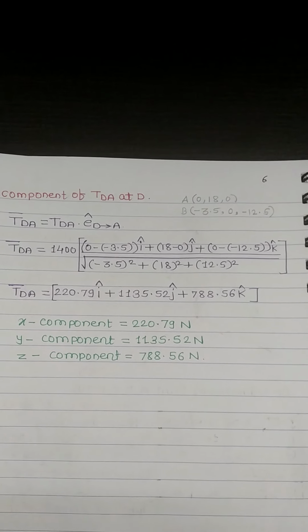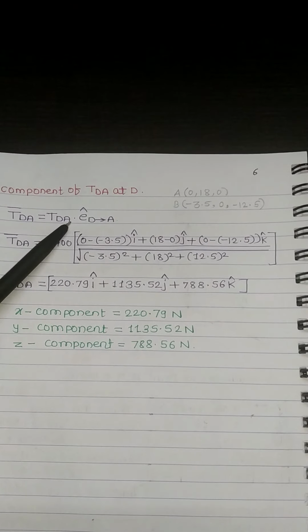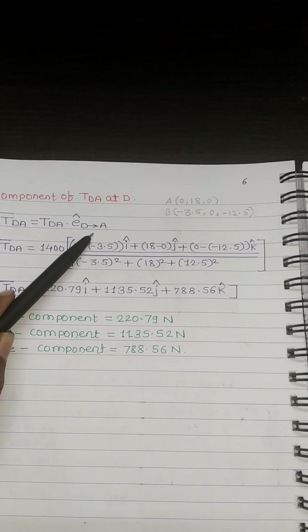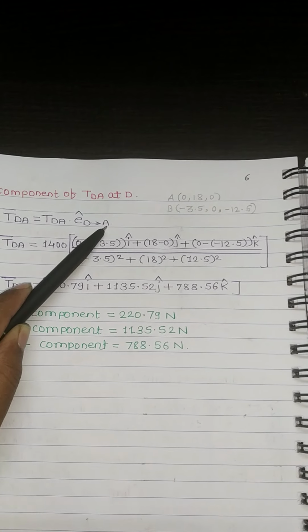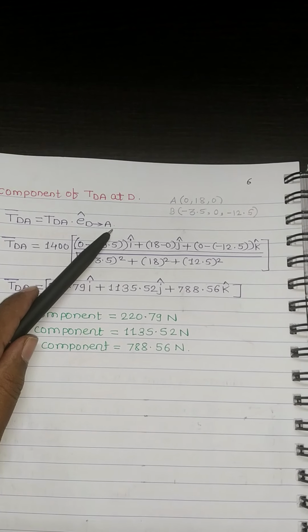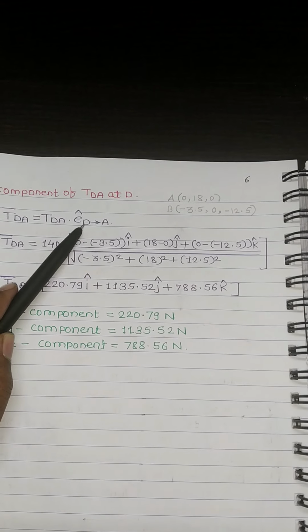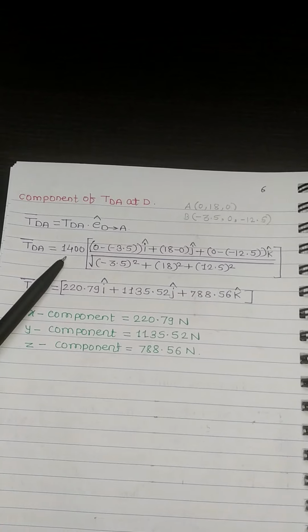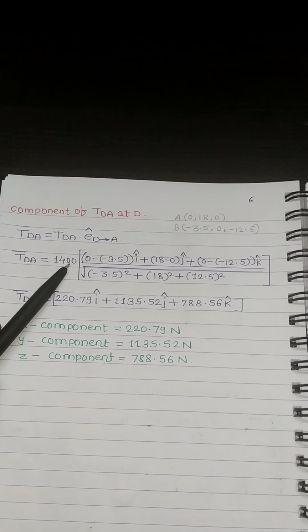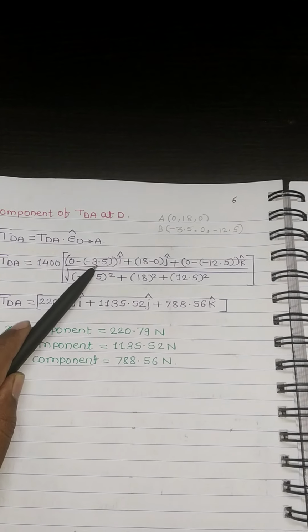In this case, the vector TDA is expressed as the magnitude of TDA into the unit vector from D to A, because origin is D and end point is A. With this, we subtract the coordinates of D from the coordinates of A. So now vector TDA is equal to 1400. It is given in the question. TDA magnitude is 1400. So the coordinates of A minus D.